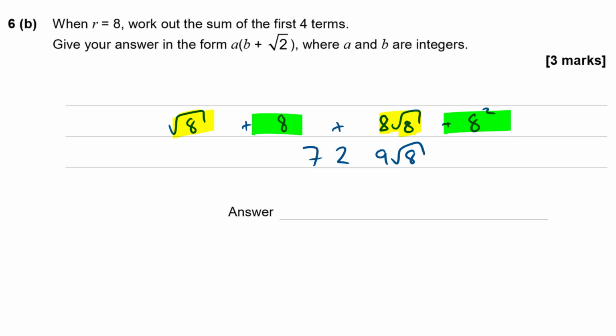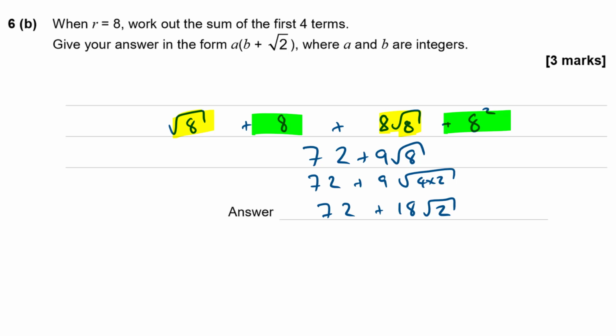So I've got 72 plus 9 root 8. Okay, but root 8 is the same thing as, so I can rewrite that as 72 plus 9 lots of 4 times 2. And the reason I would do that is because I can square root 4 to get 2. Combining that with the 9, that's going to give me 72 plus 18 root 2.